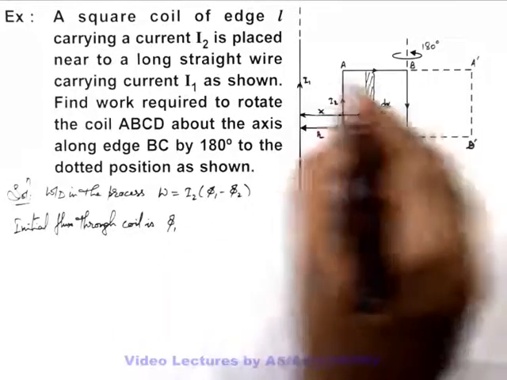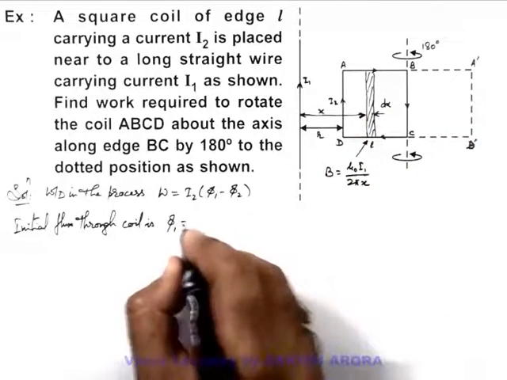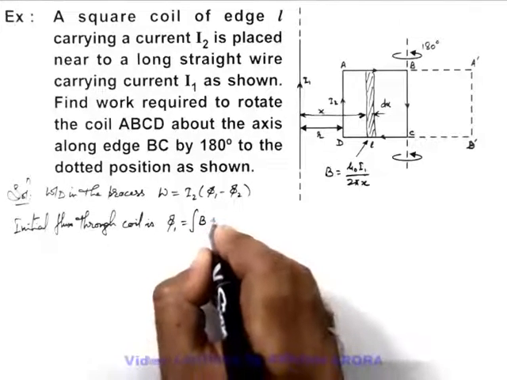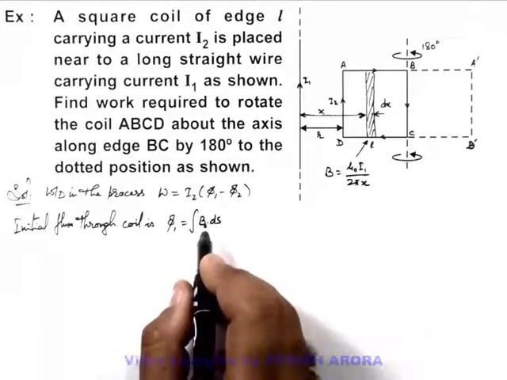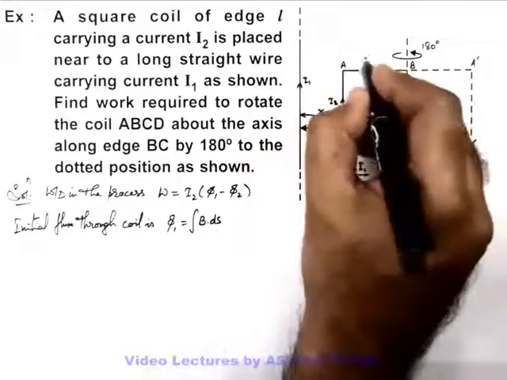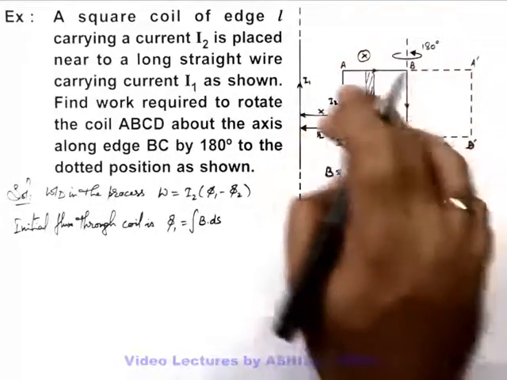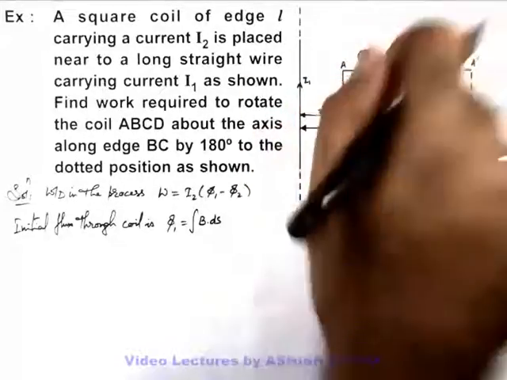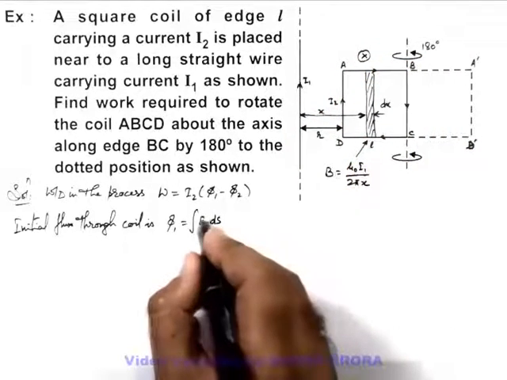So here phi1, which is the total flux through the coil, can be written as integration of B dot dS. The magnetic field due to this current is in the inward direction, and the area vector of this coil is also in the inward direction, so the flux will be positive.